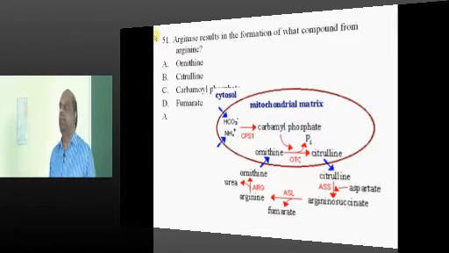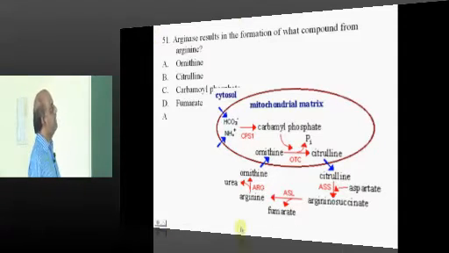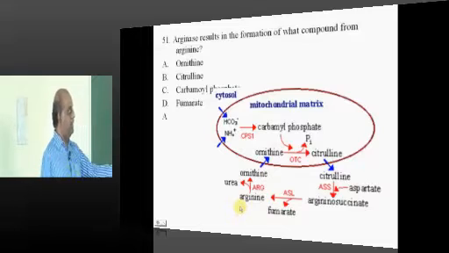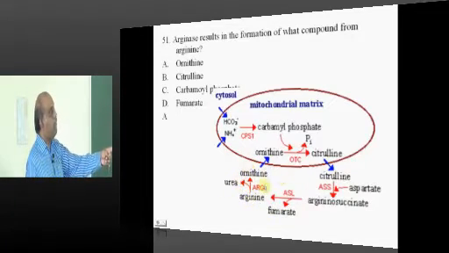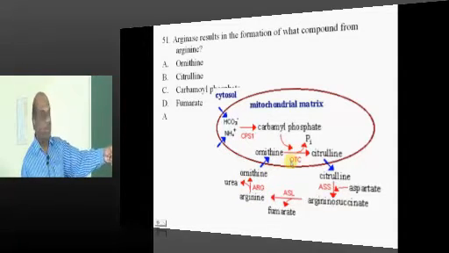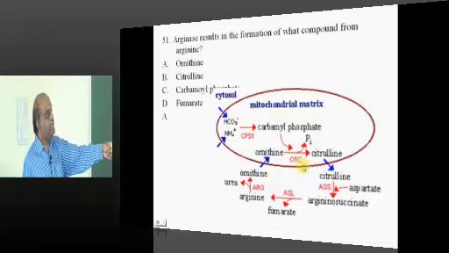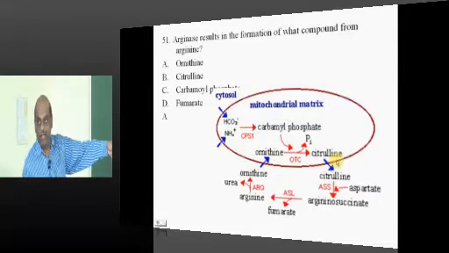Arginase, where is it involved? Arginase is the one which will convert arginine into ornithine, which in turn is converted by ornithine transcarbamylase to citrulline.